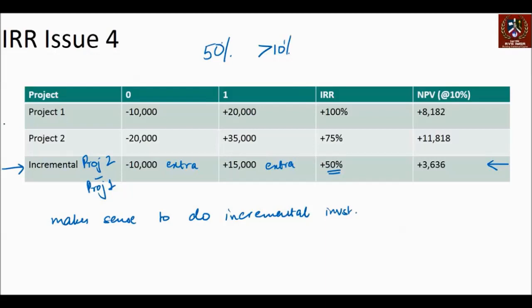So in the first instance, let's say you choose project 1 and you get all this money, it makes sense to raise this extra 10,000 and instead leave project 1 and invest in project 2, because this extra money that you're raising is going to eventually give you an extra amount that comes out. Again, it's like lending about 10,000 to get 15,000, and that's your 50% rate of return on this extra investment.